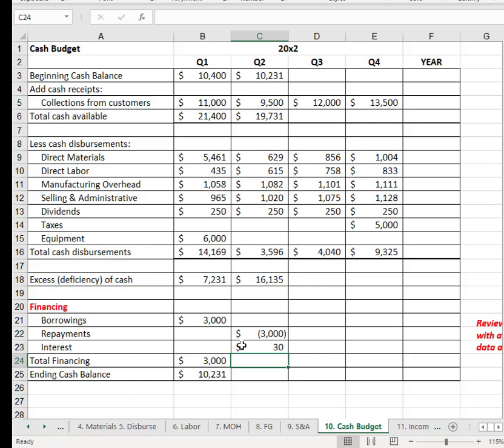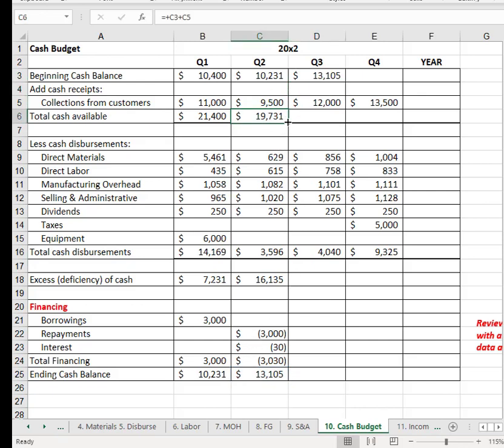Months of a year, quarters in a year, things that won't change regardless of those assumptions. Oops, we should put this in as a negative. Paying interest is always going to be an outflow. All right, so let's see. Ending. So just to verify, we have over the 10,000 minimum. Very good. So now we know the beginning for quarter 3.